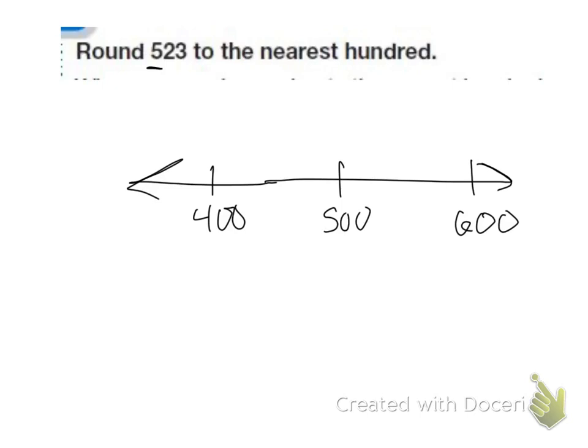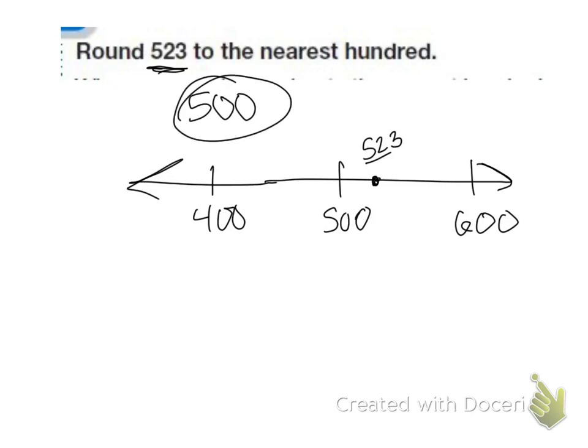So if I put 523 on the number line, it would be over here, pretty close to 500. Since it's nearer to 500 than 600, I would round 523 down to 500.